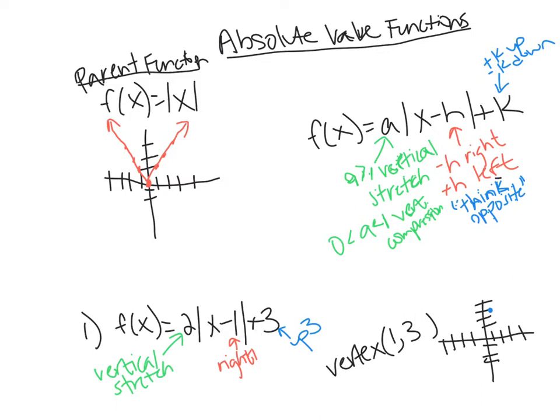A vertical stretch of 2 means I'm going up 2 and right 1 to get to my next point, up 2 and left 1 to get to my next point, and notice I'm going to have a much skinnier graph. To vertically stretch, think about pulling up on your head: you get taller and skinnier, which means you're horizontally compressing.